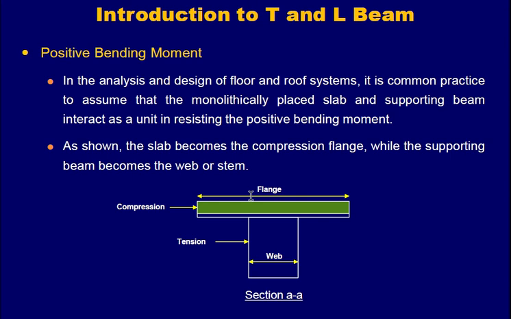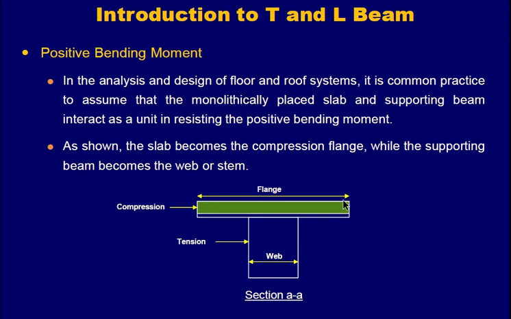In the previous lectures, especially in the design of singly reinforced beams, we saw that the top of the beam is in compression and the bottom is in tension. However, in this case, the slab is acting as a part of the beam, so the full flange slab will be in compression, while the supporting beam becomes the web or stem. So there are two different parts of the beam now.